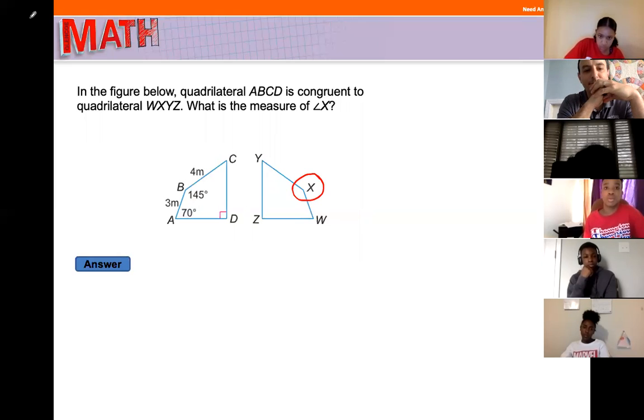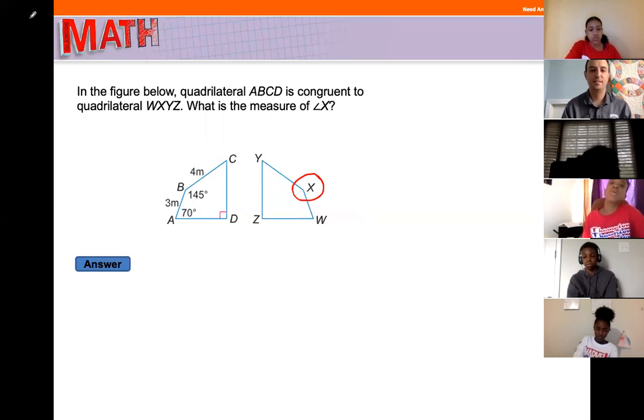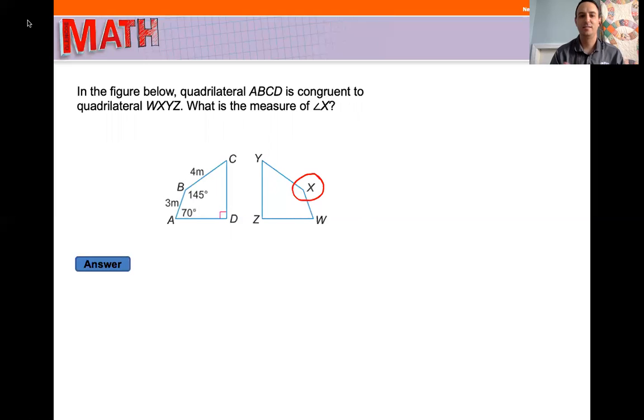Just thought I'd let you know. All right, Georgia, you think you got it? I think so, but I'm not super sure. All right, we'll take a guess and we'll work from there. Okay. What do you think it is?